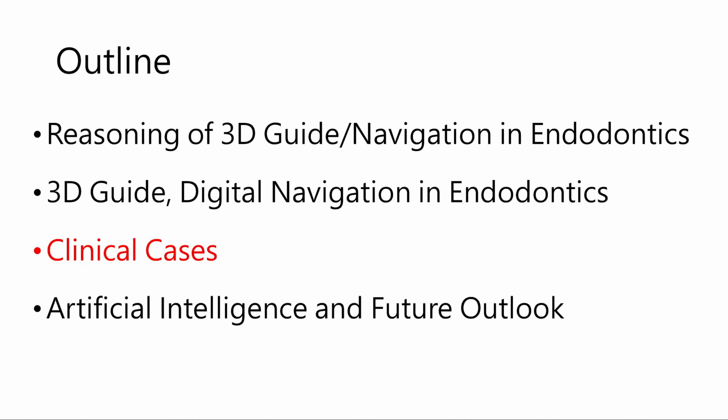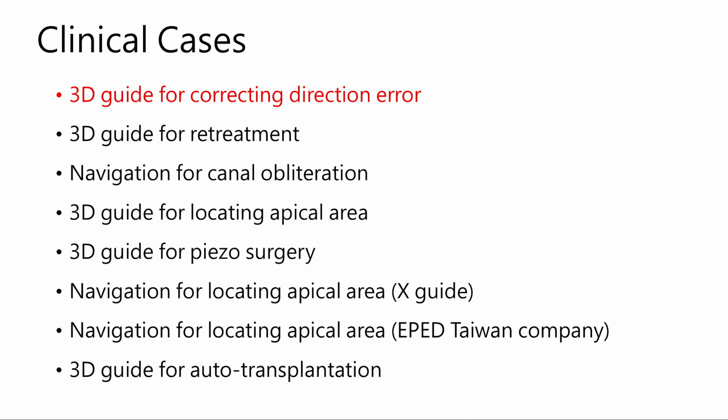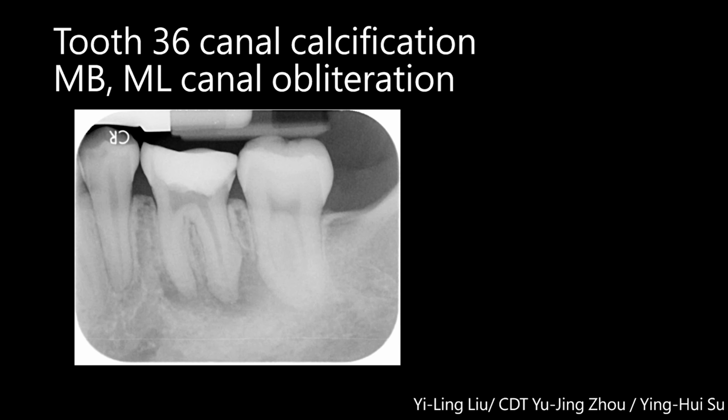So this is my clinical case. The first one is where I use the 3D guide to correct a direction error made by our resident doctor. Here the mesiolingual and mesiobuccal canal configuration is not very easy to find, even for our resident doctor.